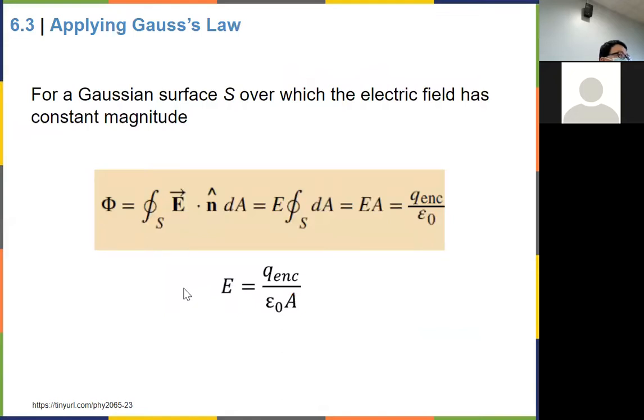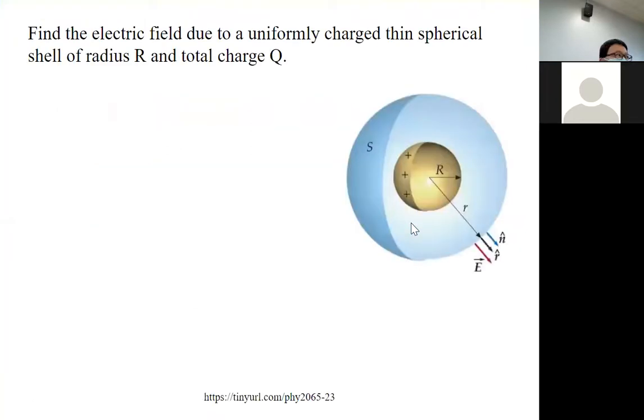To apply it, you calculate the flux through the definition, either by integration or just E times A if it's simple. Then you apply Gauss's law for the flux: phi equals Q enclosed divided by epsilon naught. You set the two equal to each other, and then you can solve for E.